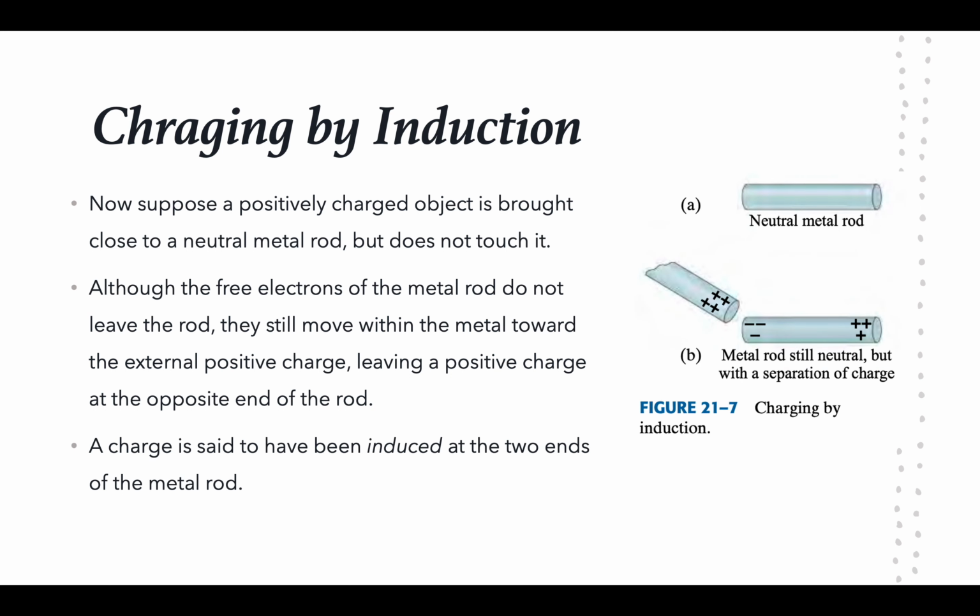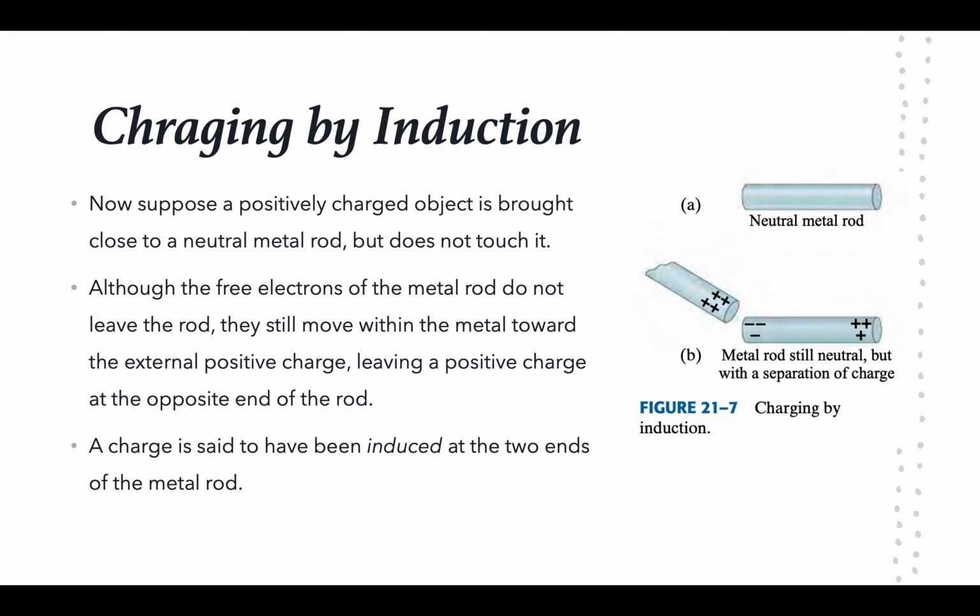For example, we have a neutral metal rod, then a charged object is brought close to it, but not touching. So the electrons are going to be attracted to that positively charged object, and the protons are going to be repelled by it. So the initially neutral metal rod is now going to have an induced charge on one side and a separate charge on the other side.